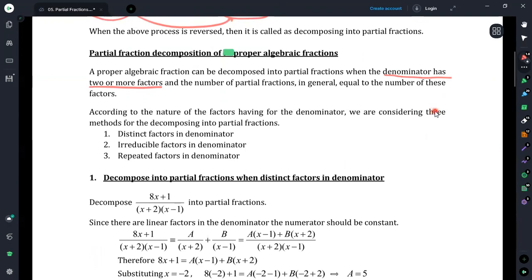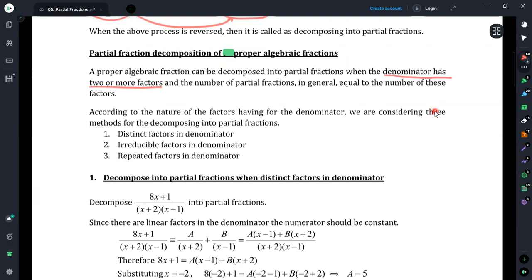Therefore, to start the partial fraction decomposition of proper algebraic fractions, we have to find out whether the denominator can be factorized further. If we can factorize the denominator further, then we can decompose the algebraic fraction into partial fractions.